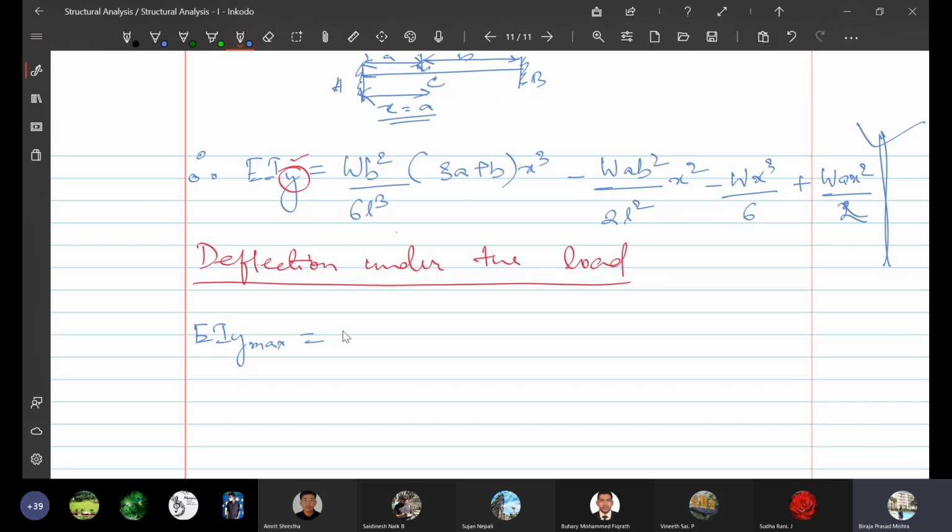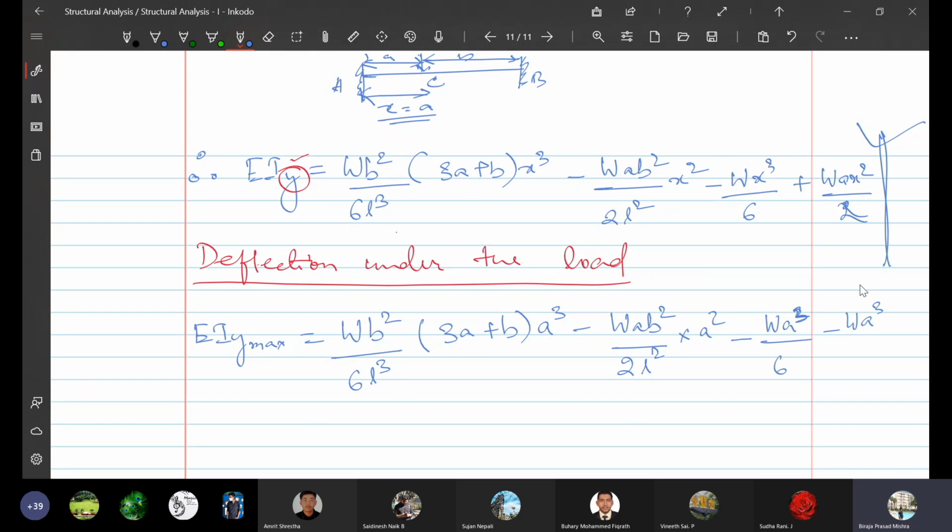So that will be w b square by 6 l cube into (3a plus b) into, what is the value of x? It is a cube, minus w a b square divided by 2l square into, again, a square. Please correct me anywhere if I'm wrong. So this is again a cube divided by 6 minus w a cube divided by 2.